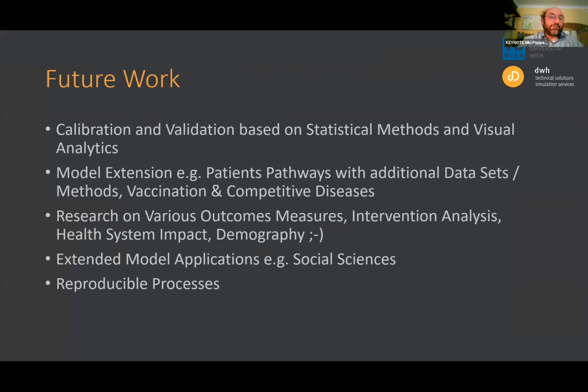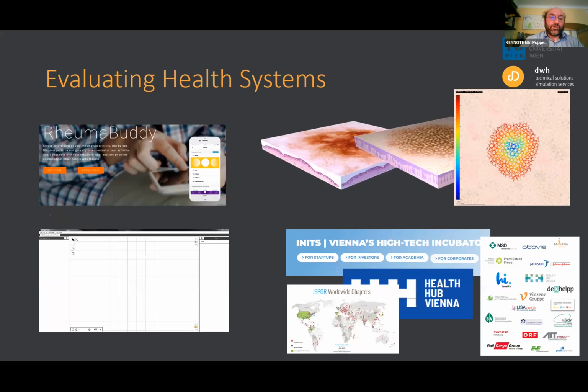Future works are a lot of different things. Calibration and validation is always a question, model extensions, but also, of course, I try to point out that at the actual moment, it's very dense to work in it, and there are a lot of things we have to do in more detail later on with various outcome measures. And of course, this could be hopefully also interesting for demography and social sciences in the future.